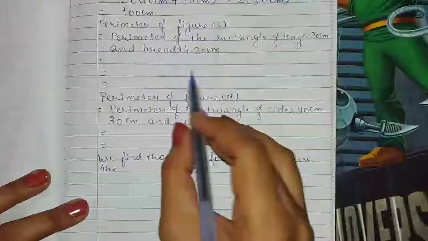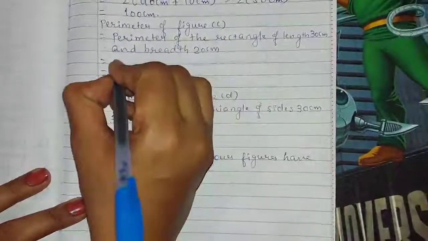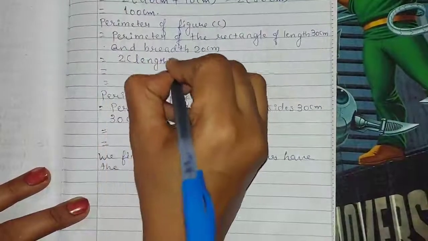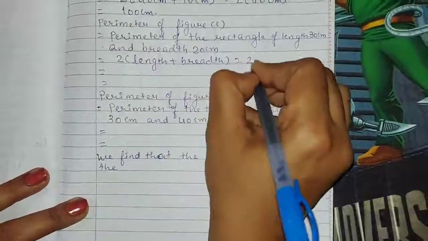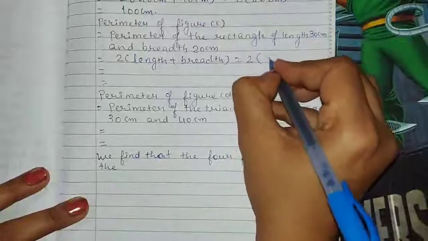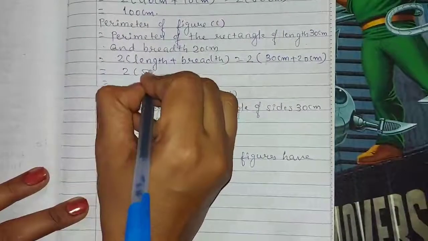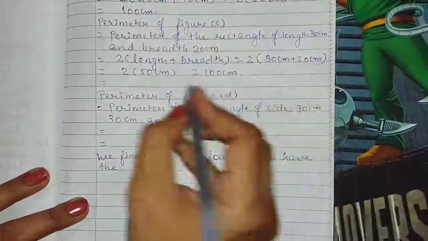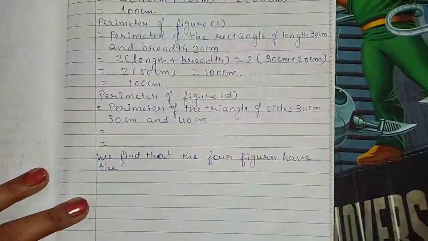Perimeter of the rectangle of length 30 centimeter and breadth 20 centimeter equals 2 into (length plus breadth), that is 2 into (30 centimeter plus 20 centimeter). 30 plus 20 is 50 centimeter, so it equals 100 centimeter. Therefore, we get the perimeter of figure C as 100 centimeter.